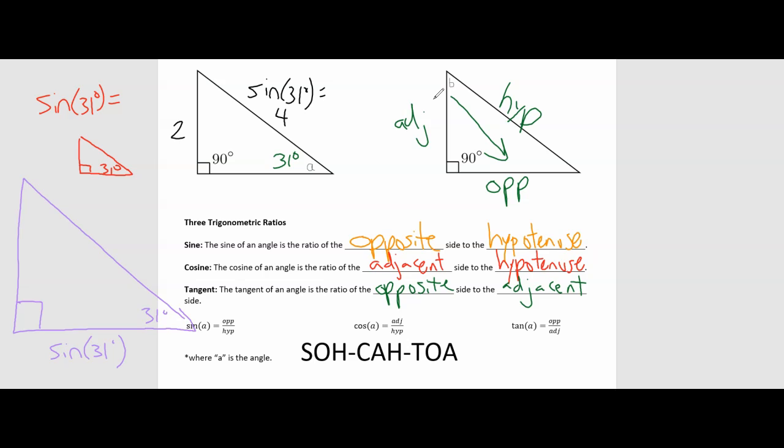So again, the ratio for sine is opposite over hypotenuse. So opposite over hypotenuse would be 2 over 4. For red, the numbers may be different. Maybe this is 1 and 2.